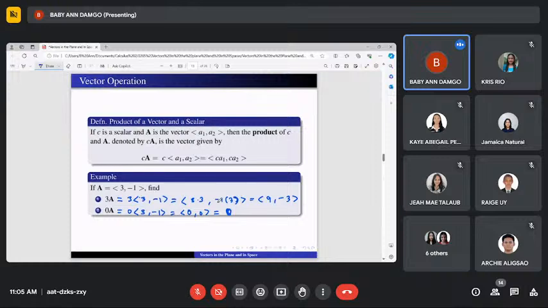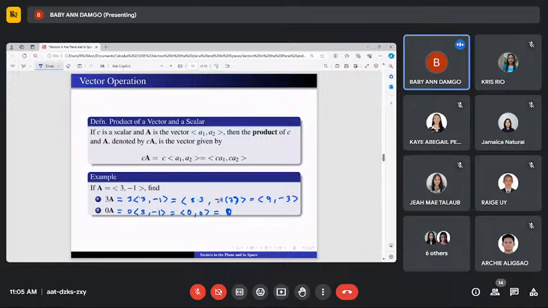Okay, so a real vector space V is the set of elements called vectors, together with a set of real numbers called scalars, with two operations called vector addition and scalar multiplication. Subtraction is already part of addition.